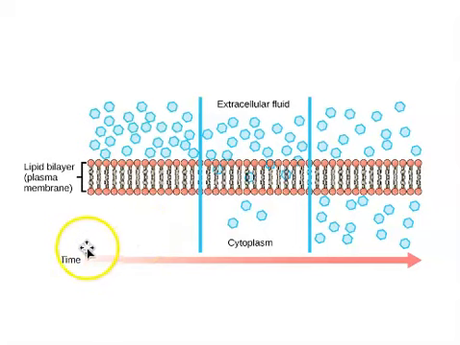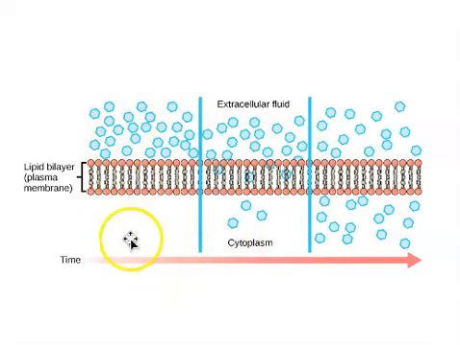Now, as time passes, nature is going to want to get rid of this gradient. Nature doesn't like gradients. The forces of nature want the gradient to resolve, to go away. Nature likes equilibrium. It wants equal amounts of that blue molecule on both sides of this membrane.